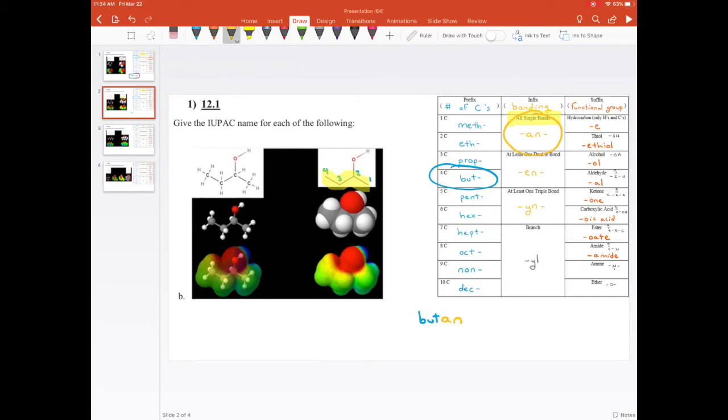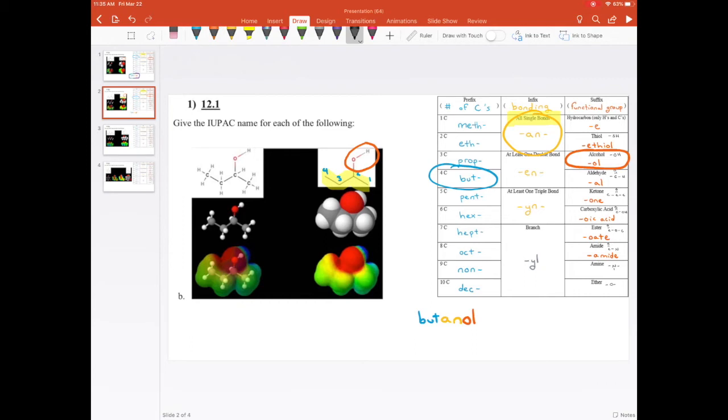And we do have a functional group. You can tell because the skeletal structure has symbols for elements written in. Specifically, it has an O and an H, and those are the elements in an alcohol. An OH group coming off of a carbon chain is an alcohol. And the suffix for that is OL. So we're dealing with butanol.